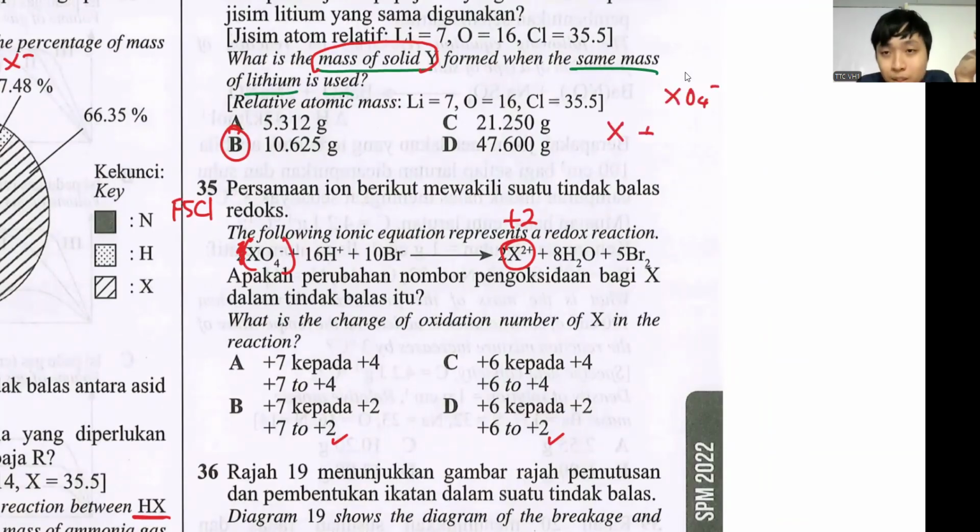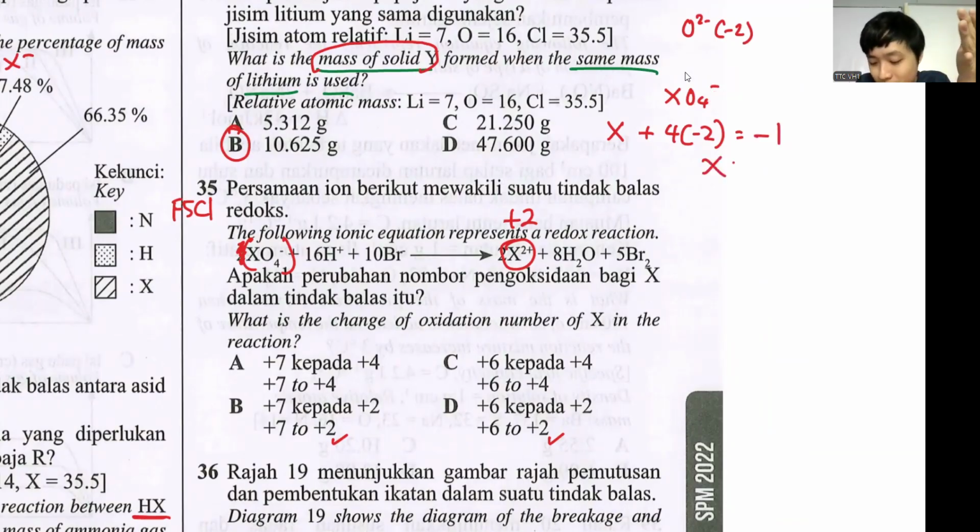X we don't know, right? You know O is always negative 2. O2 minus, negative 2. But here got 4 O. So 4 times negative 2. Overall, what is the charge? Negative 1.